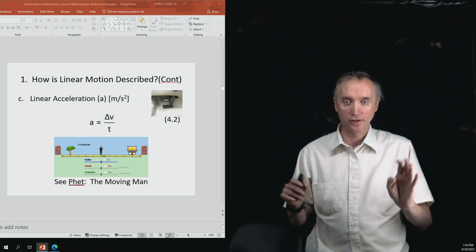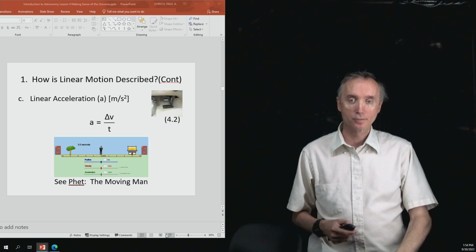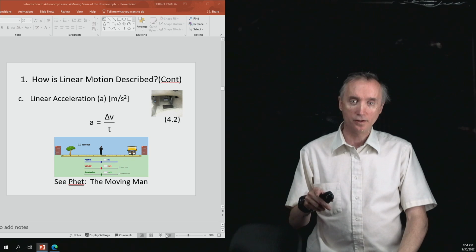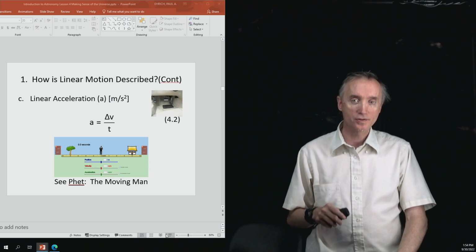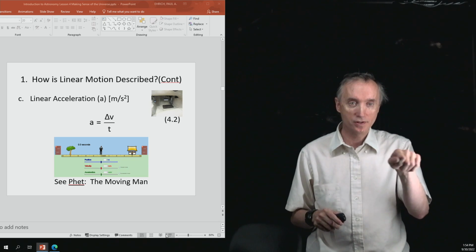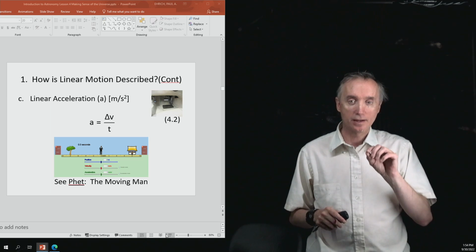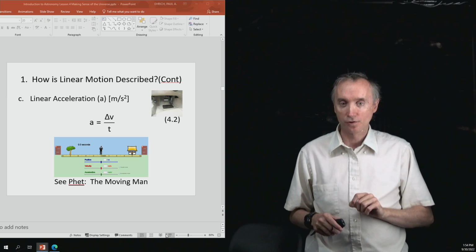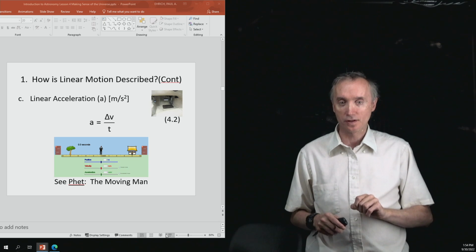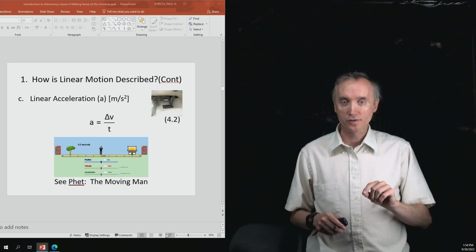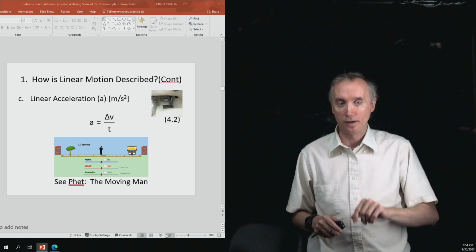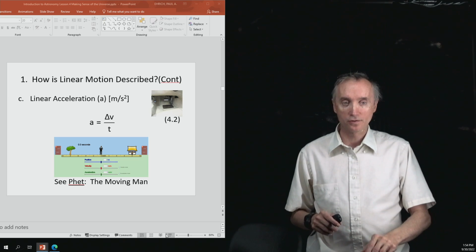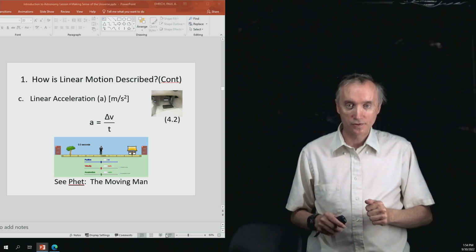We don't really care about that, so you can keep the position on 0. Give him some velocity. Move the velocity slider and keep the acceleration 0. Don't change the acceleration slider, but give him some speed and then press the start button. You will see that he starts to move across the screen.